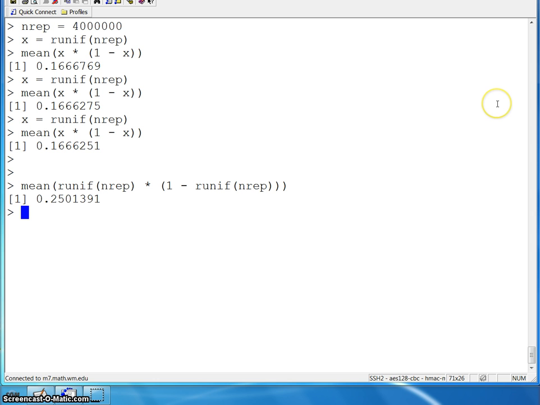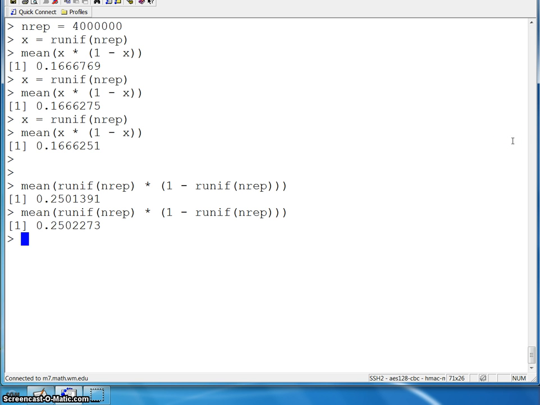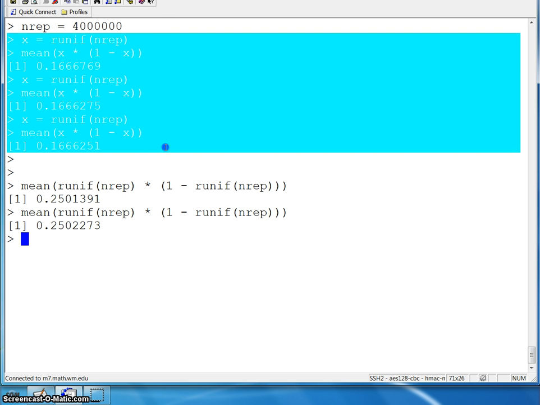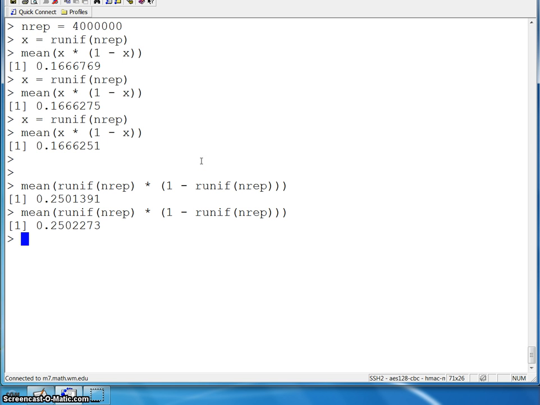So what has gone wrong here is the following. And I'll do that one more time, and you'll see I'll get close to 1/4 again. The simulations up at the very top, all of those simulations involved taking an x value and finding the mean of x times 1 minus x.